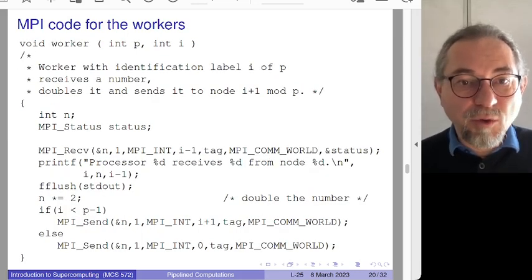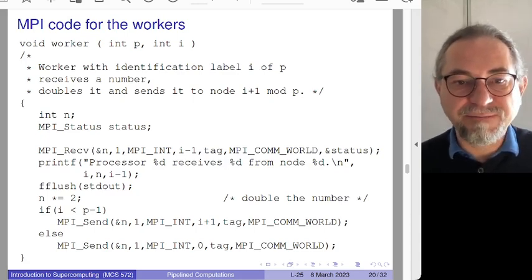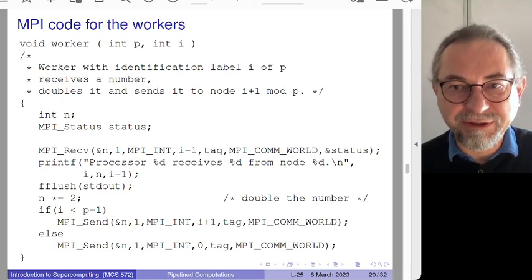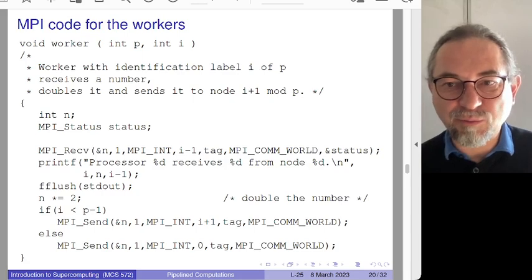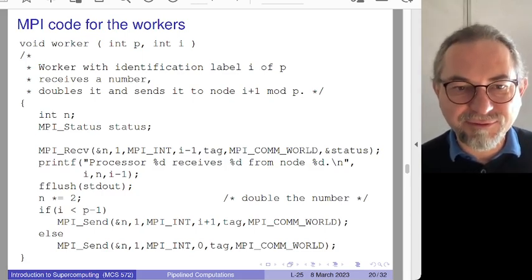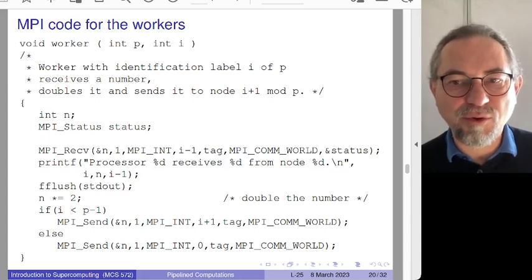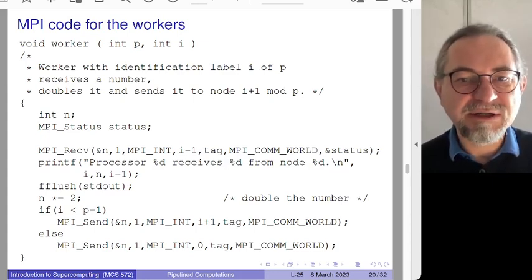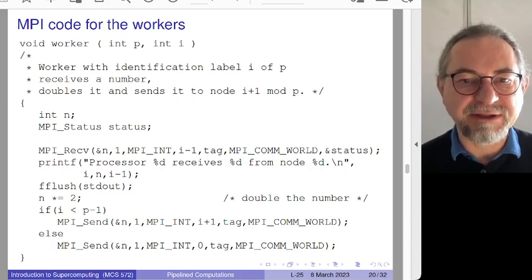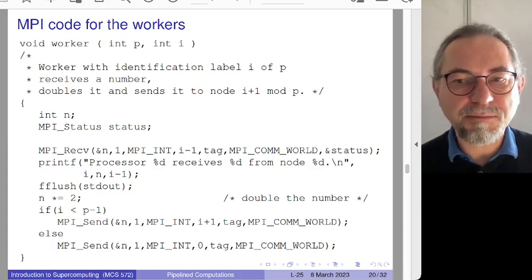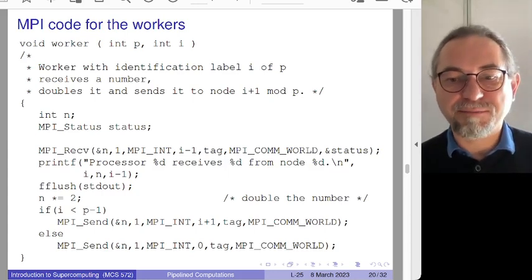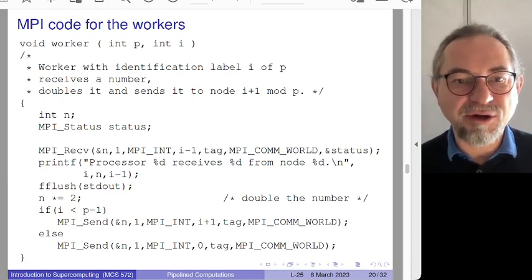Okay, every worker will receive a number from the previous processor. And here there's a lot of printing, but there's only one instance that gets through, so we will run this program only for one instance. So, and the printing is done to verify the correctness. So there is the receive from the previous program, from the previous processor in the pipeline, in this ring topology.